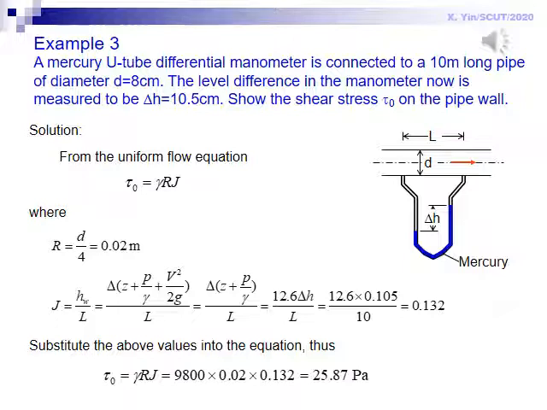Here, we should pay much attention to a differential manometer in uniform flow, where the piezometric head difference is exactly the frictional head loss hf. And a mercury height in such a manometer should be transformed to a water height with a conversion factor 12.6.